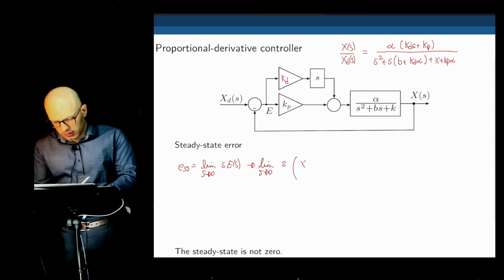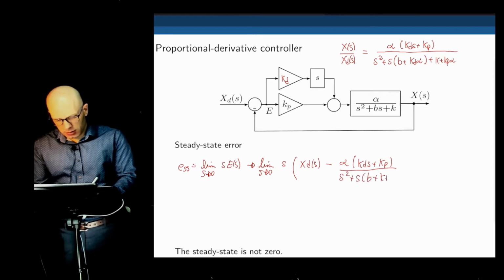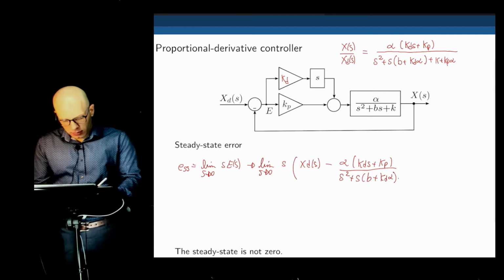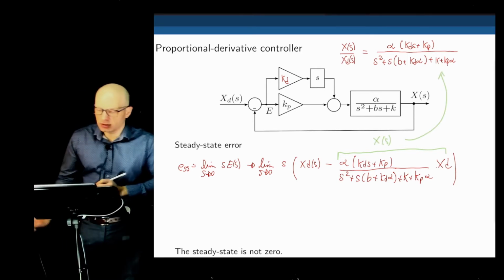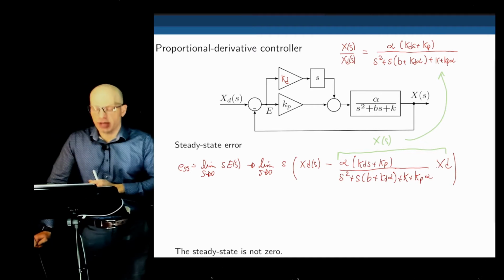The error is xd minus alpha (kd s plus kp) divided by (s squared plus s times (b plus kd alpha) plus k plus kp alpha), all this times xd. So this entire thing here is simply the output x of s that I took from this expression by multiplying both sides by xd.